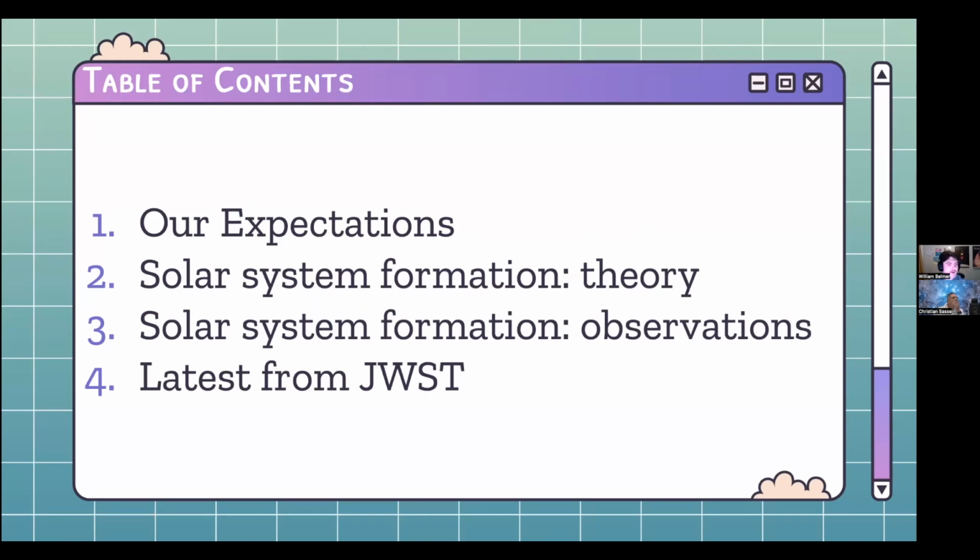And then I'll try and walk you through some of the steps in the theory of star and planet formation. And then I'll go back and show you all of the cool observations that back up those steps in that theory. And then I wanted to end, because I do work at the Space Telescope Science Institute and I work on the JWST NIRCam team, I wanted to end with showing you some of the latest results from that particular bucket of bolts that are informing our understanding of star and planet formation.